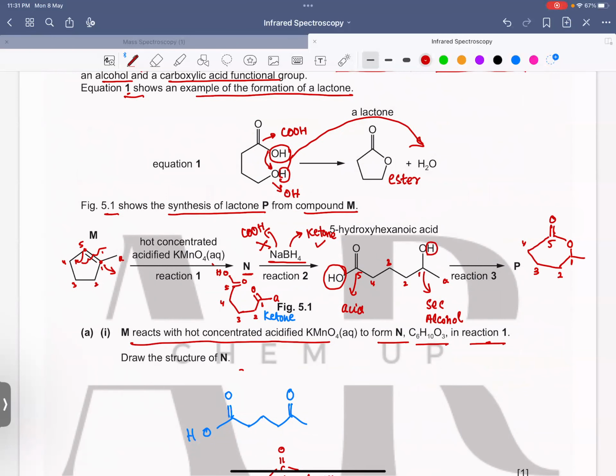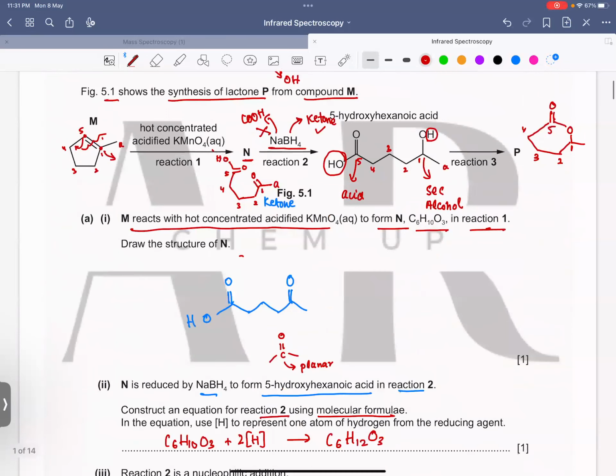Sir, can't there be a major and minor product since two products are forming? No, here the major and minor product cannot be identified, because if the structure is planar and the attack can occur from both sides, there is an equal probability of attack from both sides, right?